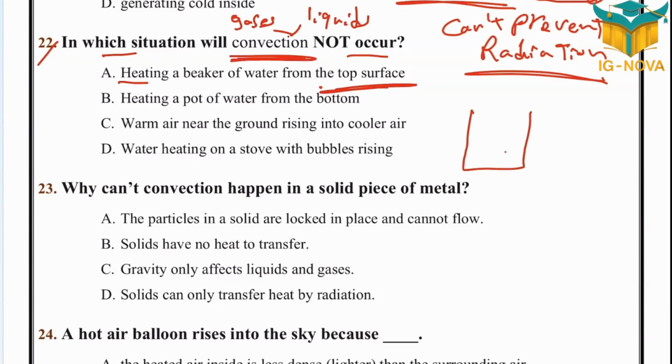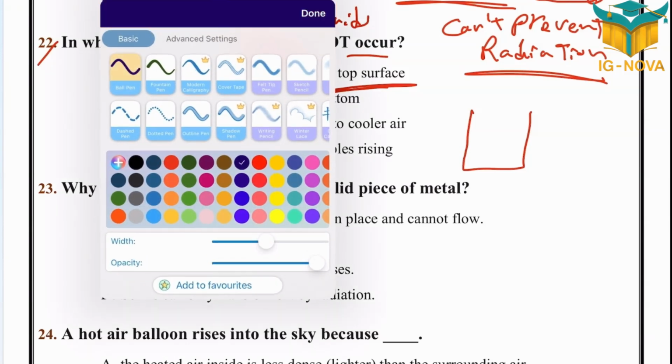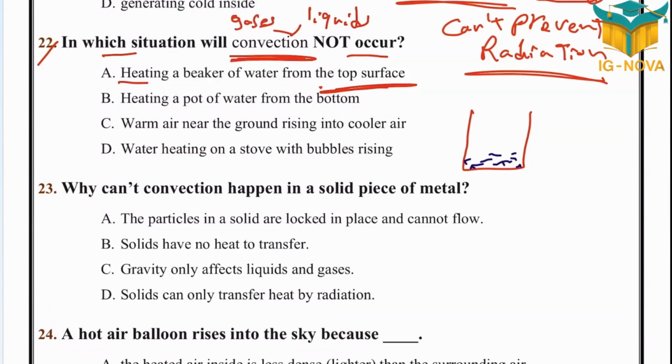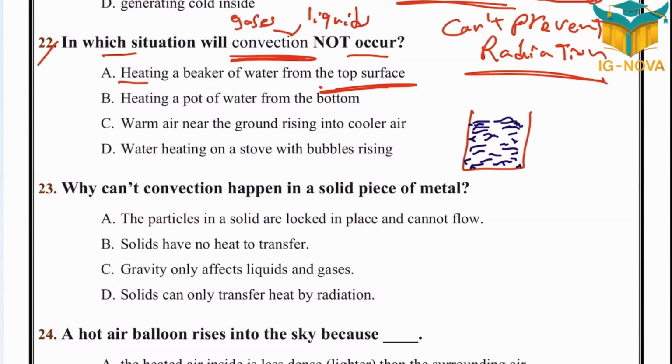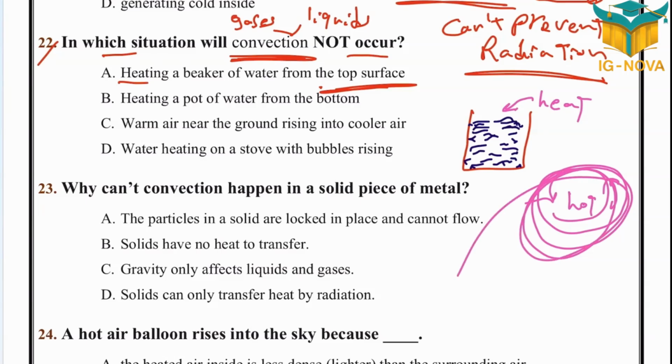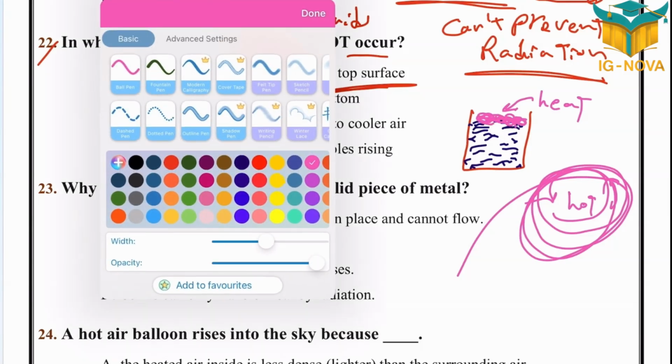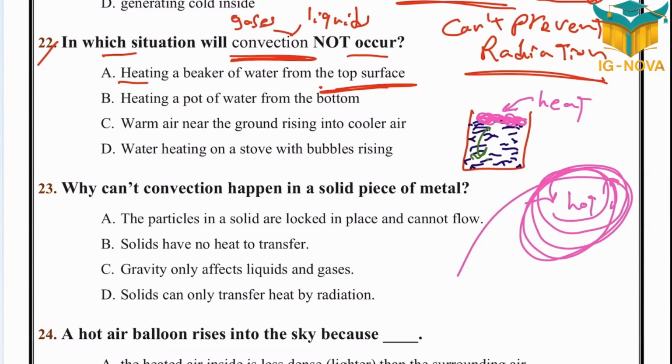If you have a beaker with water molecules here and heat it from the top, I know that hot molecules move up and cool molecules move down to make a convection current. So what's going to happen to these water molecules at the top? Is there any chance for them to go down to make a convection current?